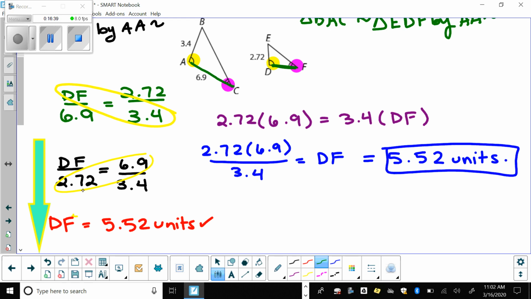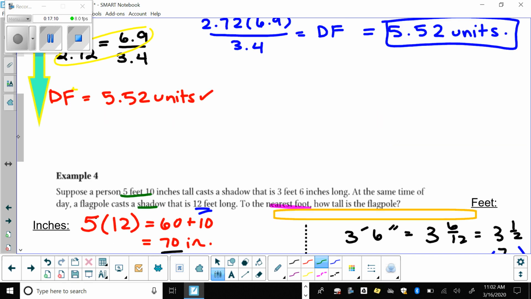I chose to stick with the same triangle: DF over one of its other sides, 2.72, is equal to the corresponding larger triangle side, 6.9, over the other corresponding side, 3.4. Like I said last week, there's more than one way to set up these proportions and still get the same answer.